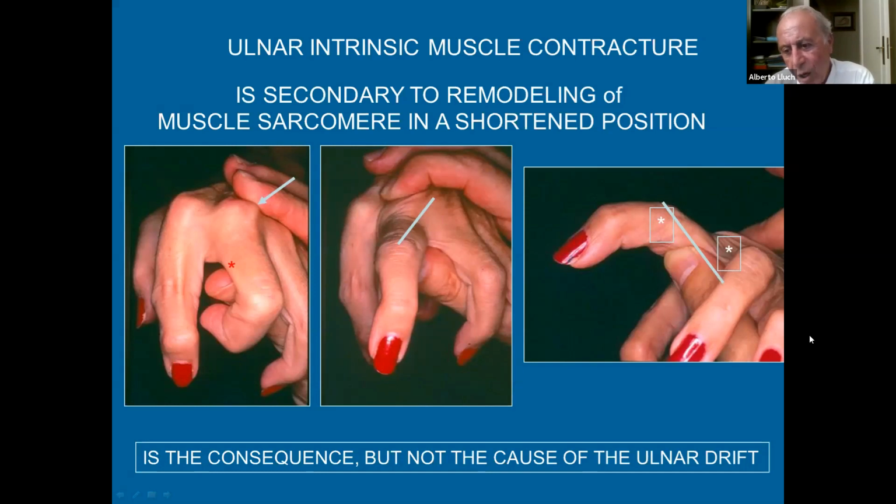If the ulnar intrinsic is tight, in this small finger, ring finger, middle finger, and we put the finger into radial inclination, the patient will not be able to flex the PIP joint. But if we allow the finger to go into ulnar inclination, then she will be able to flex the PIP joint. So this patient has a shortening only of the ulnar intrinsics, not of the radial intrinsic.